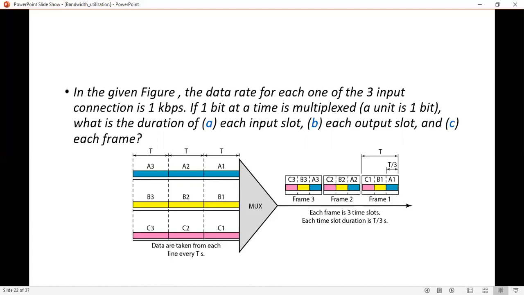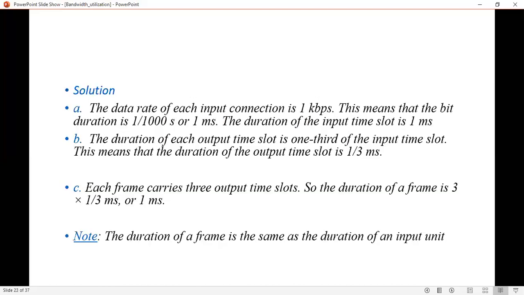Second thing is, each output slot, which you have to find in the frame. If you see A1, you can see t by 3. This is the output slot. Now what is each output slot? It is nothing but t divided by 3, that is 1 by 3 milliseconds.